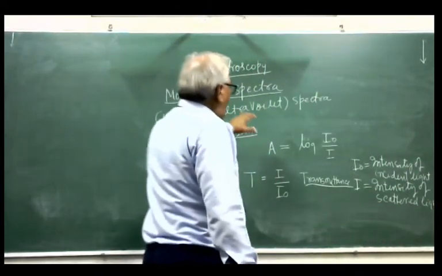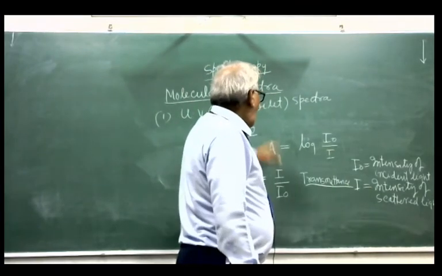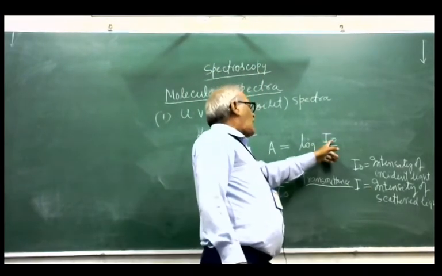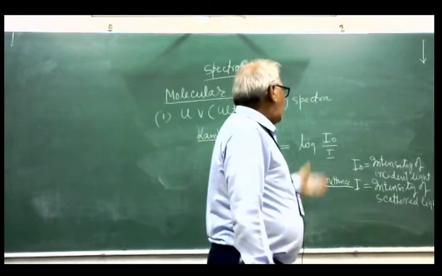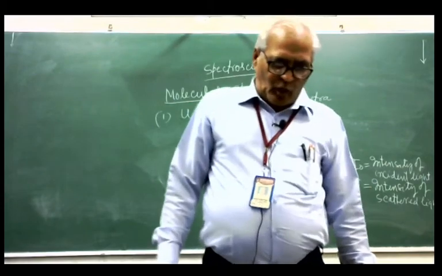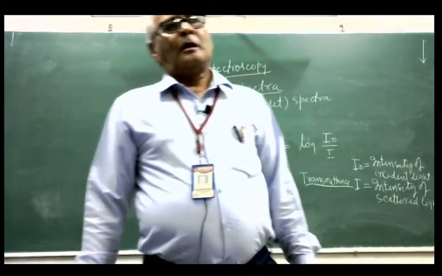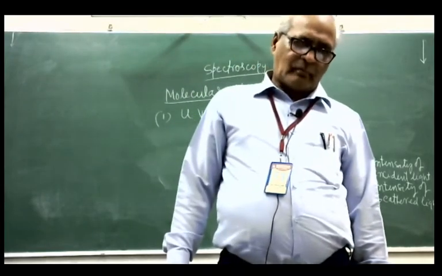So this is the molar absorption, this is the intensity of the incident light, and this is the intensity of the transmitted light. So this has been explained by Lambert.